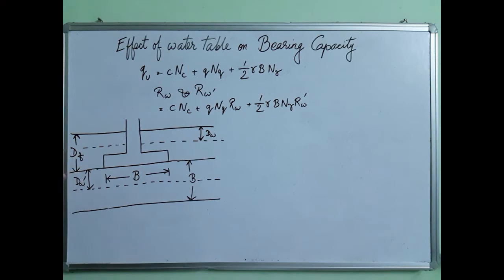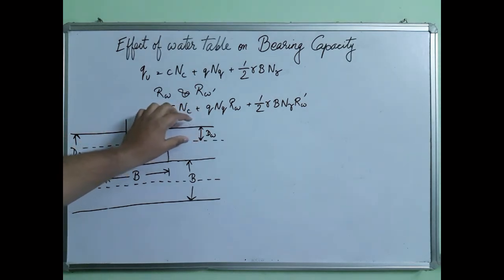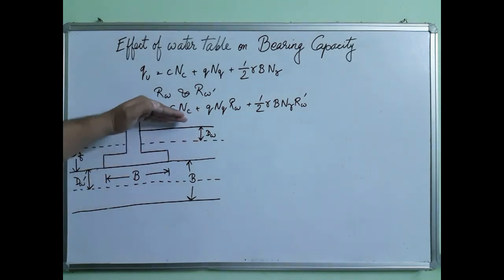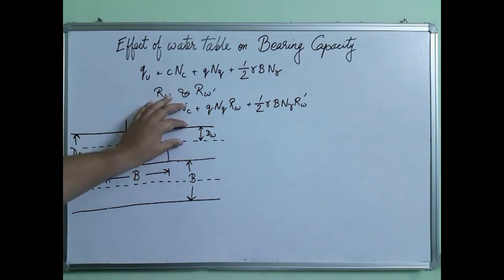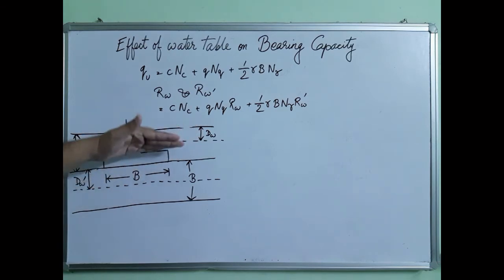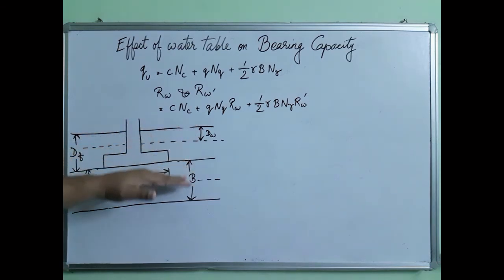Okay, so two things you need to understand. These are nothing but the depth of the water. If the water is within this region, then the depth of the water from this surface will be called Dw, and if the water table falls below the base of the footing, then from the base whatever is the distance, that will be called Dw dash.